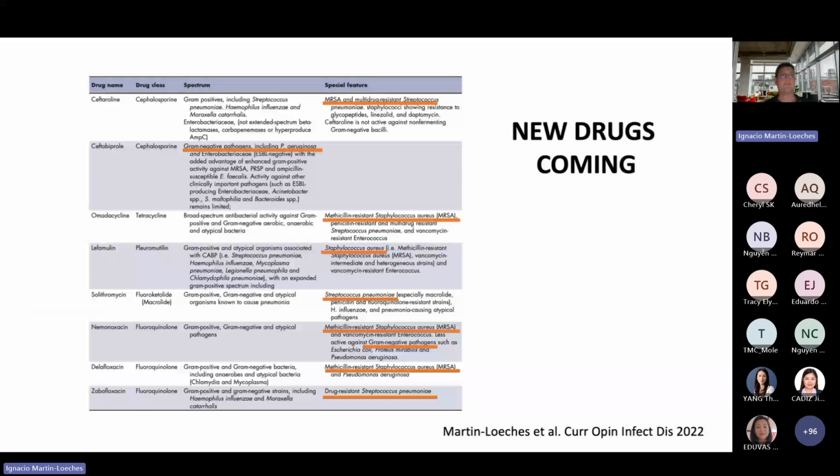The most relevant for critically ill patients are, first, ceftaroline, because of the benefit in MRSA and strep pneumo with high MICs, and second, ceftobiprole, with activity against gram-negative pathogens, including Pseudomonas and Enterobacterales, ESBL negative.